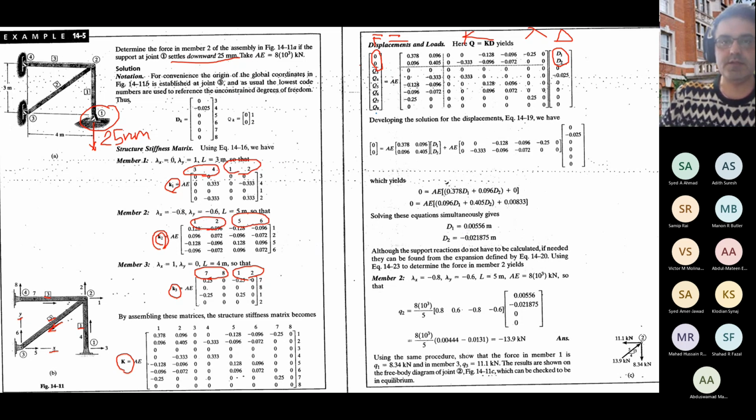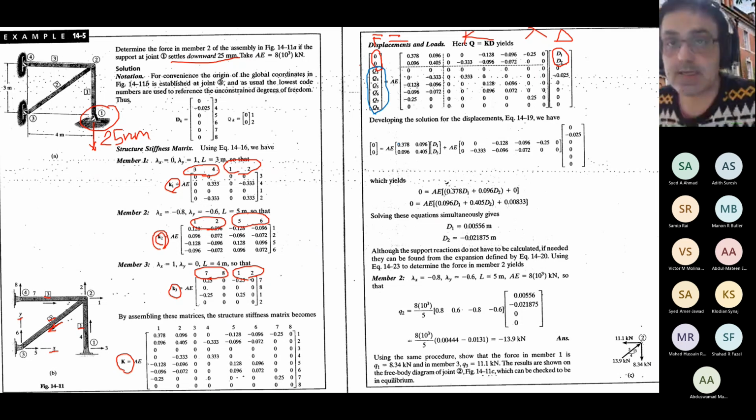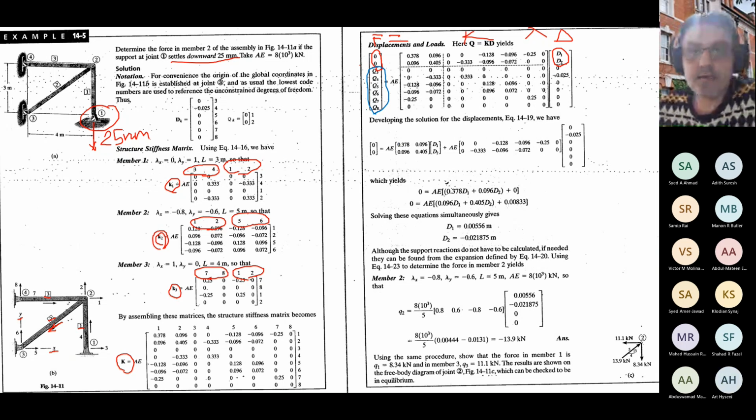So for degrees of freedom 3 to 8, in the F vector they are unknown because they are support reactions. Q3, 4, 5, 6, 7, 8 are unknown support reactions.